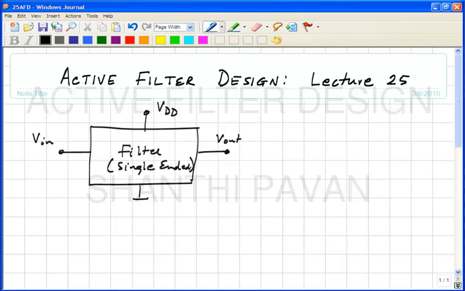Right, and in one of the parts of the assignment you must have seen that if the supply voltage is noisy, for example, this VDD was not clean, but there was a disturbance on VDD, then what did you see at the output?